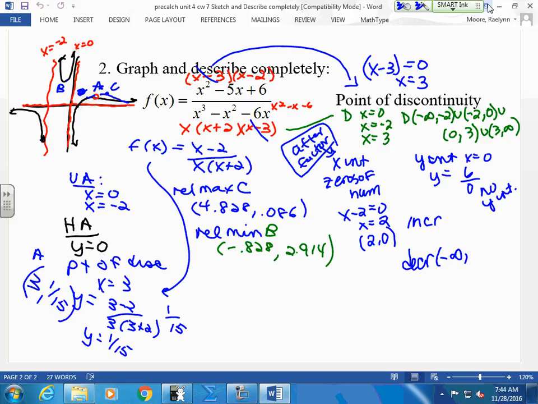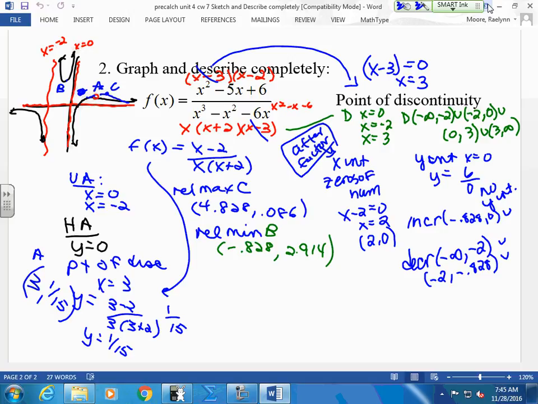What's the x value that we stopped at? Negative 2. Okay. Now, we jump up here. We're still decreasing on that part to that min. So we're decreasing from negative 2 to that min value. So take that x, remember their x values. Okay, and then we're increasing from here, and we're going to get stopped again at that asymptote. So from here to here, from negative 0.828 to 0, we increase.